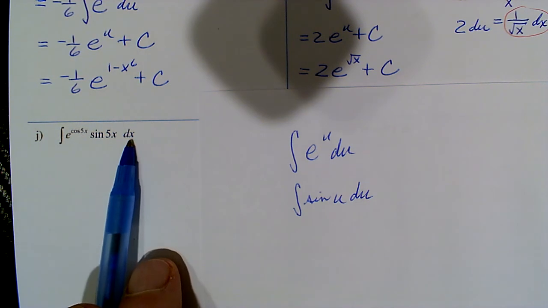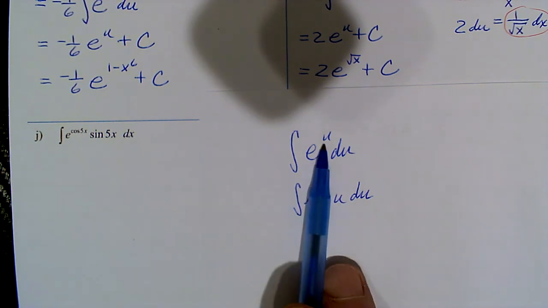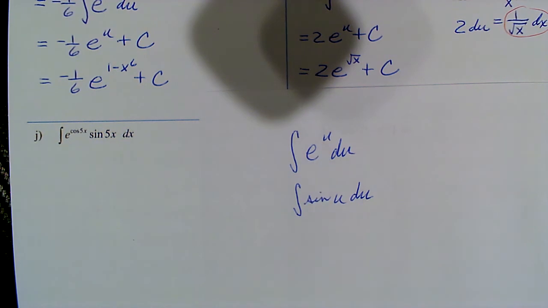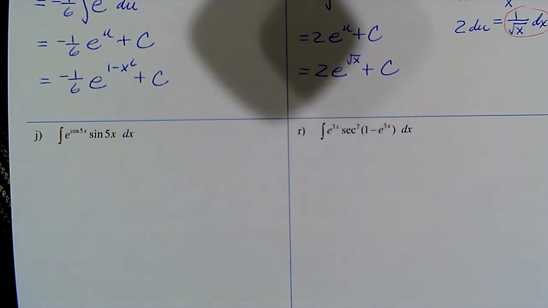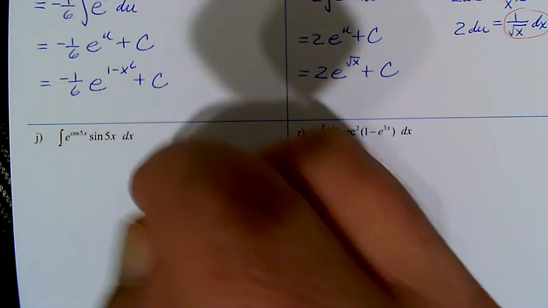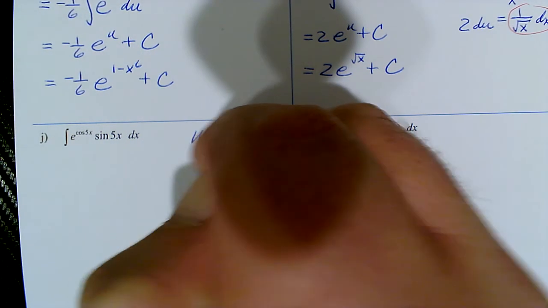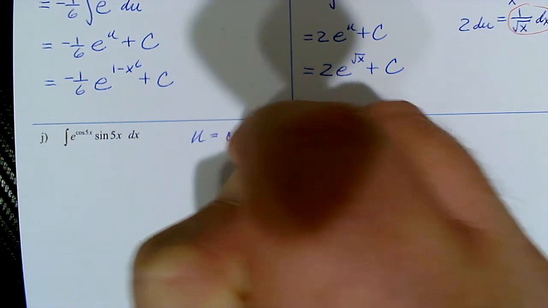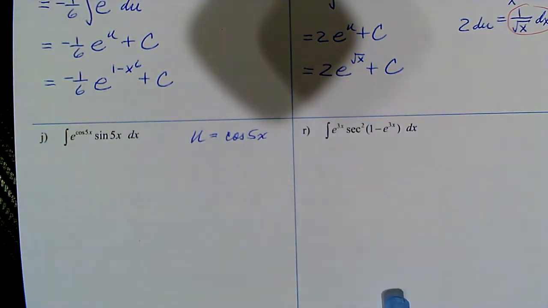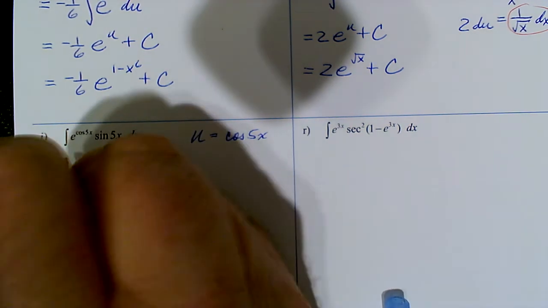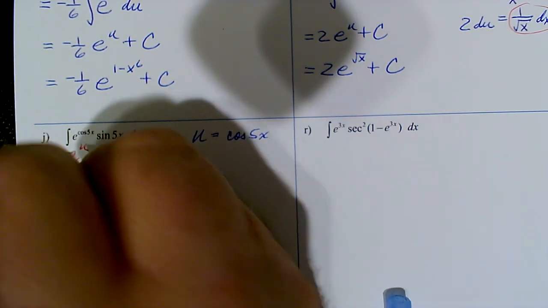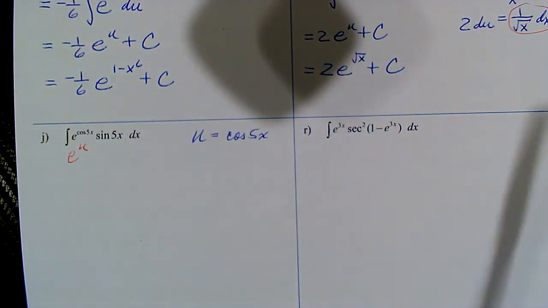So it's pretty easy to discern here that e to the u is more than likely going to be the correct choice. So we're going to choose our u to be the cosine of 5x, once again in an attempt to fit the form for e to the u with respect to u.